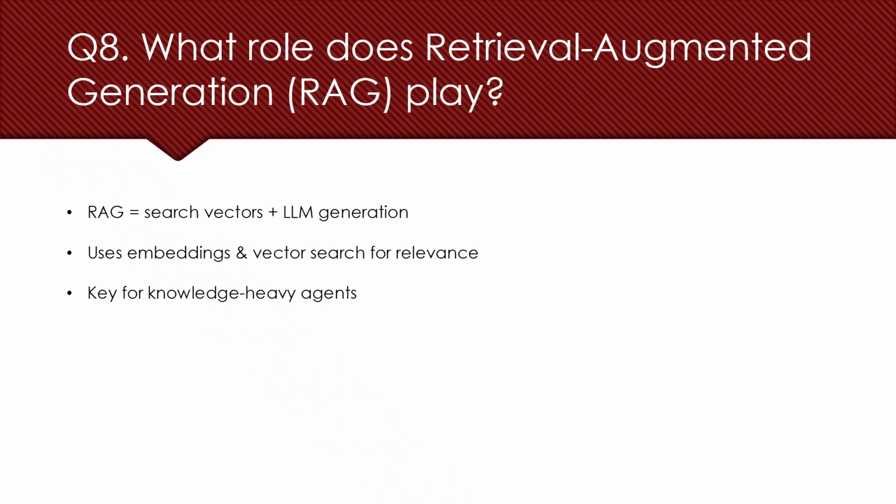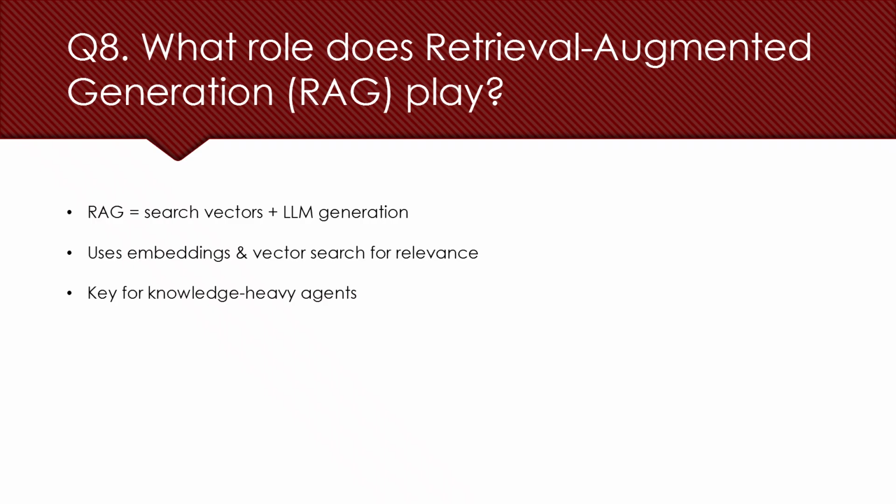The pattern is to convert documents into embeddings, store them in a vector index, run semantic search to retrieve the most relevant chunks for a user query, and then pass those chunks to the LLM as grounding context. This allows the model to generate answers rooted in your own documents and data.